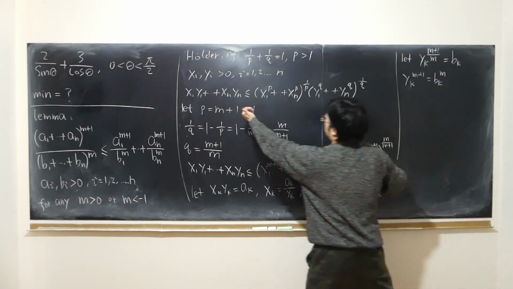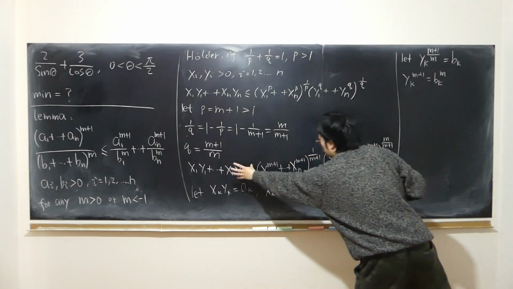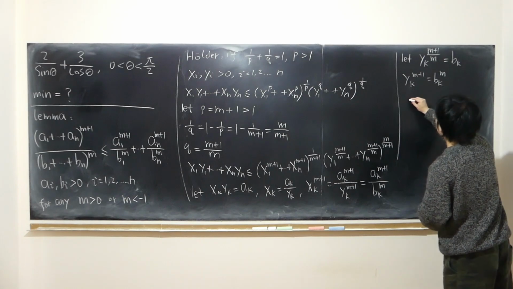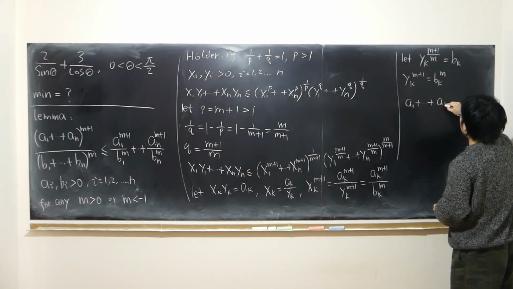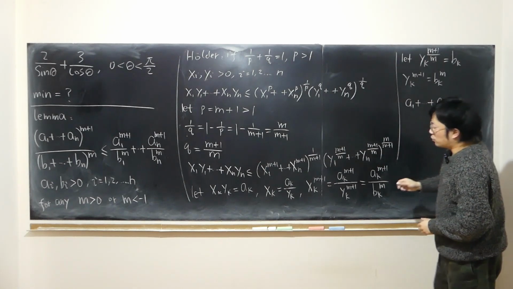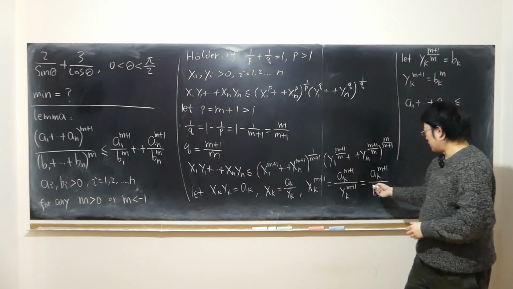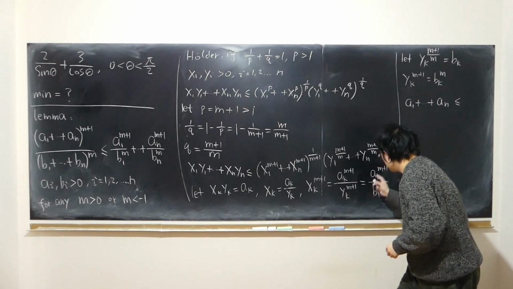Now all of a sudden I can rewrite this inequality into, now left hand side must become a1 plus all the way to an, less than or equal to right hand side, which becomes, like I said, in general, xk to the n plus 1 becomes this.